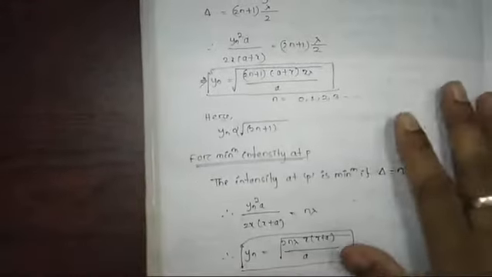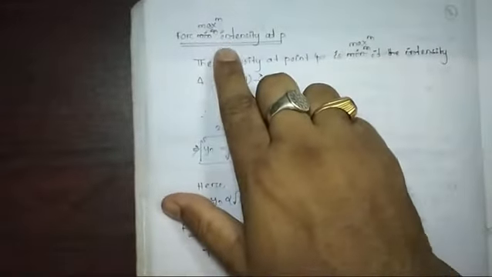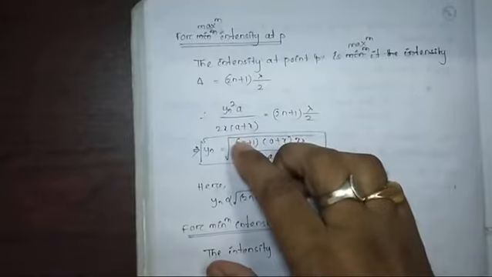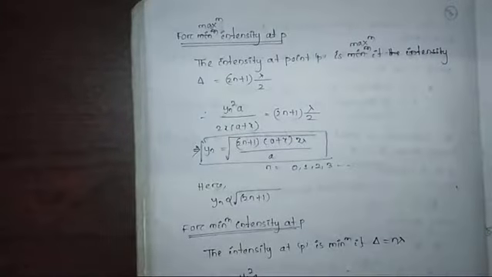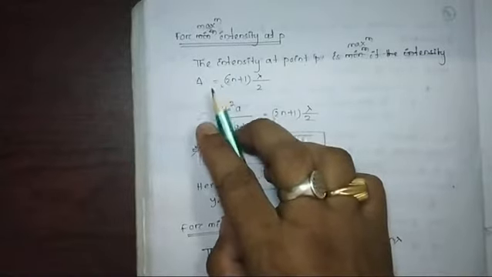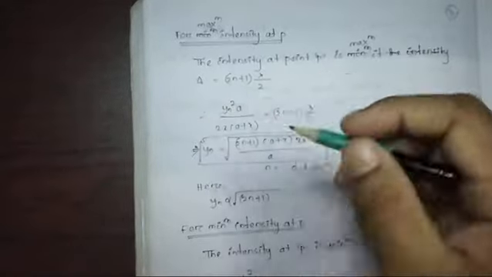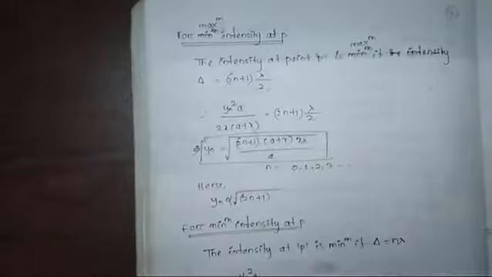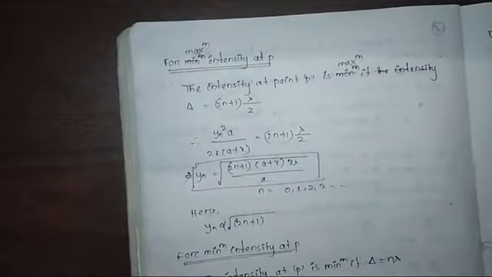Come to the next page. For maximum intensity at point P, the maximum intensity is found when the path difference is (2n plus 1) lambda by 2. Why?